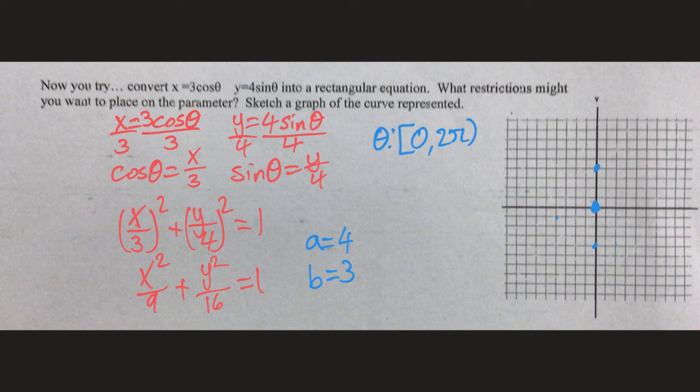And then using our b equals 3, 3 to the right and left. Those are our co-vertices. We'll just connect all these points together the best we can. And there's our rough ellipse.